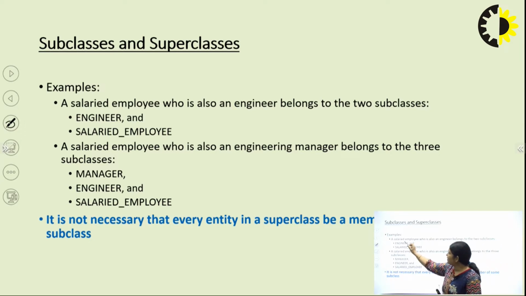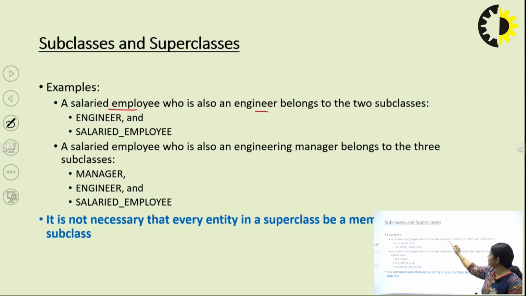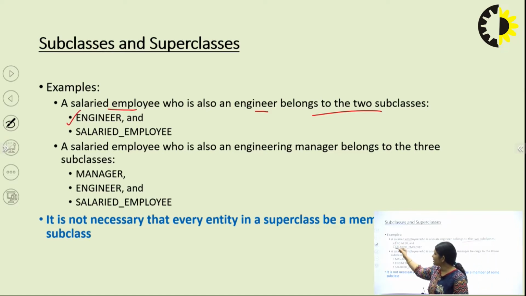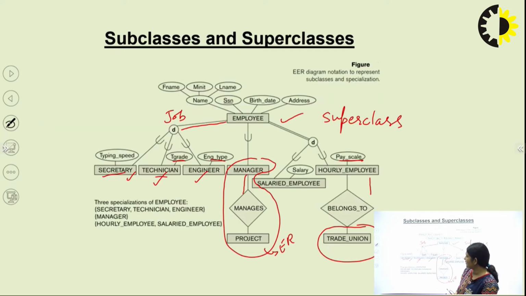A salaried employee who is also an engineer belongs to two subclasses. Now see, if a person is on a job profile, obviously he would be getting some salary. So the person is an engineer, and if he is getting salary on a monthly basis, he would be a salaried employee. So they would belong to both of these subclasses, as we have seen in this diagram.